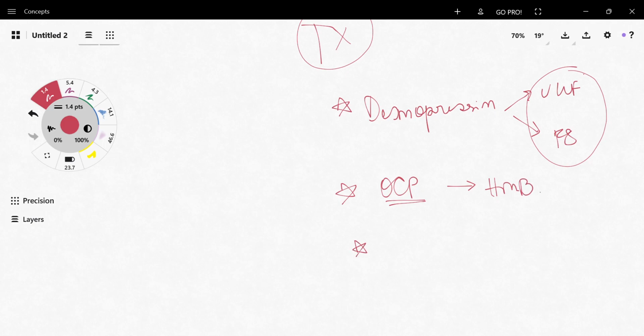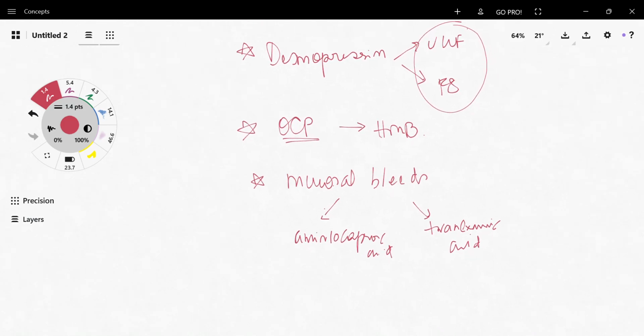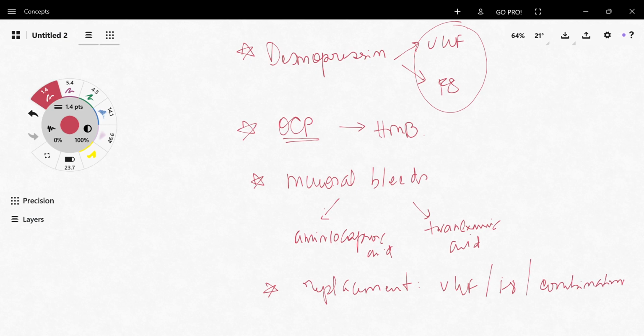In some cases of mucosal bleeds, antifibrinolytic agents like aminocaproic acid and tranexamic acid can be used to stabilize clots and stabilize the bleeds. There is also replacement of von Willebrand's factor or factor 8 or a combination of the two, right? Replacement of factors for patients with von Willebrand's disease.